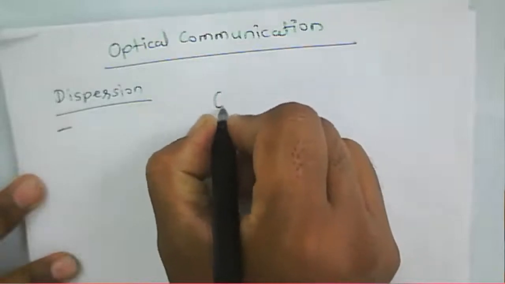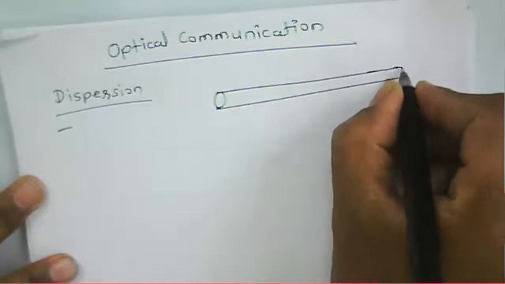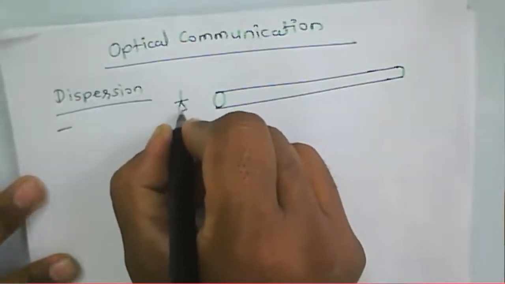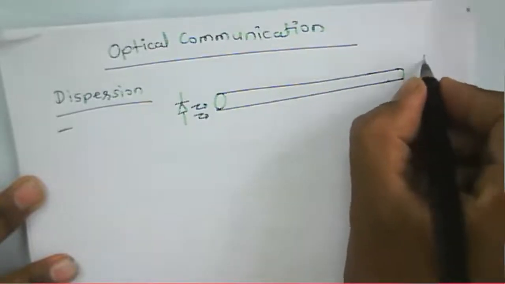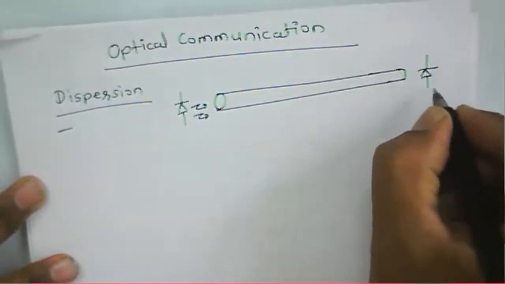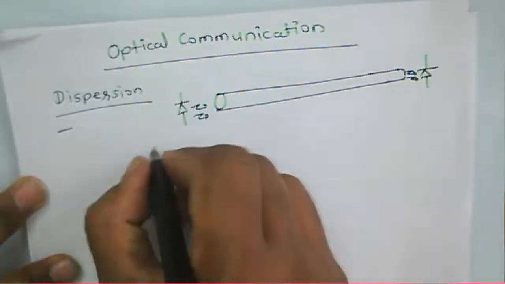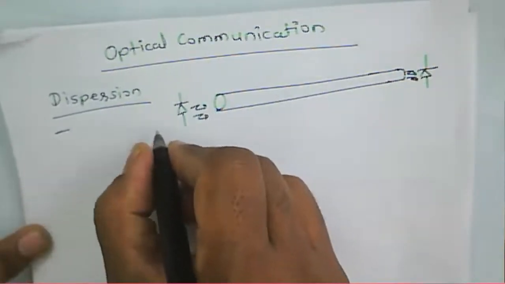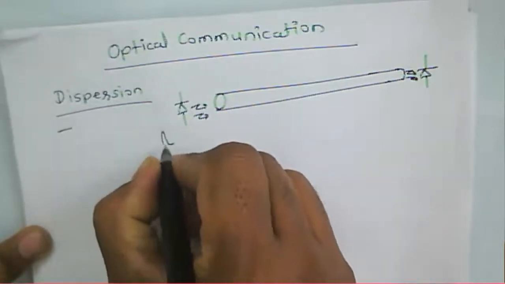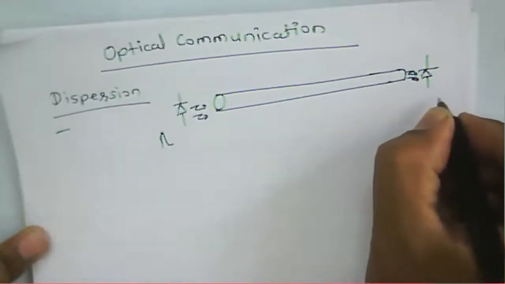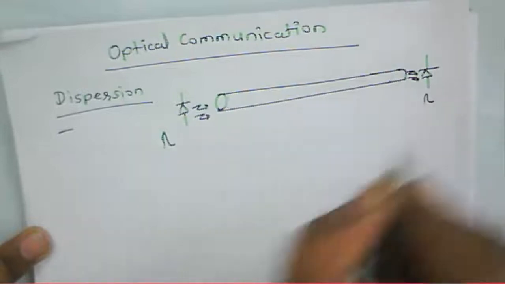The signal we are transmitting may be an analog signal or a digital signal from a given source, which may be a laser source or an LED source. Here, the signal, whether analog or digital, is converted into a current pulse, which we transmit through the fiber, and then that same current pulse is to be received here.